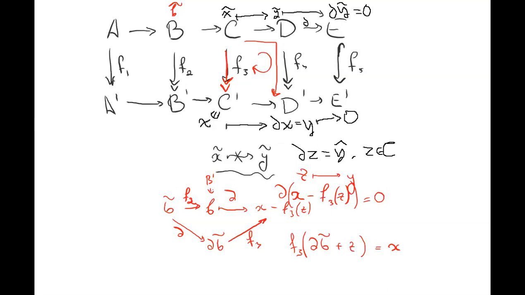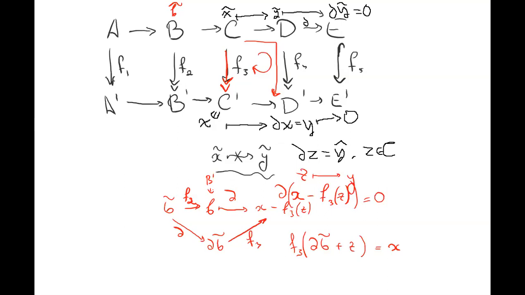Is it clear? Because of A, you know that F3 is a monomorphism, and because of B, F3 should be an epimorphism, therefore it is an isomorphism.